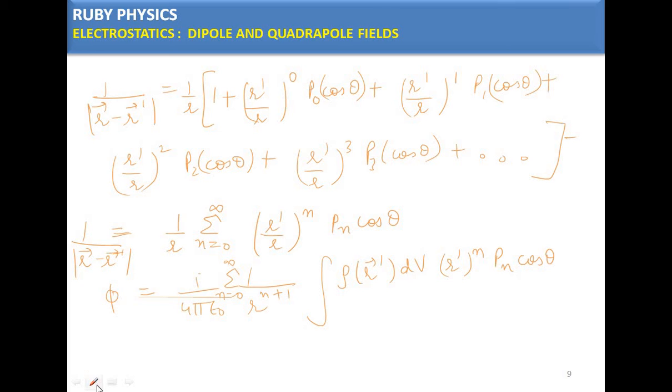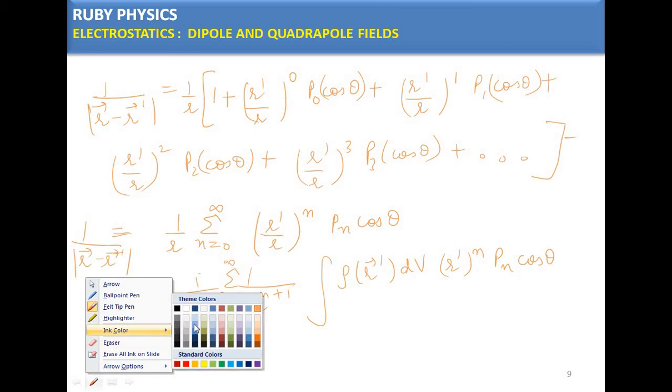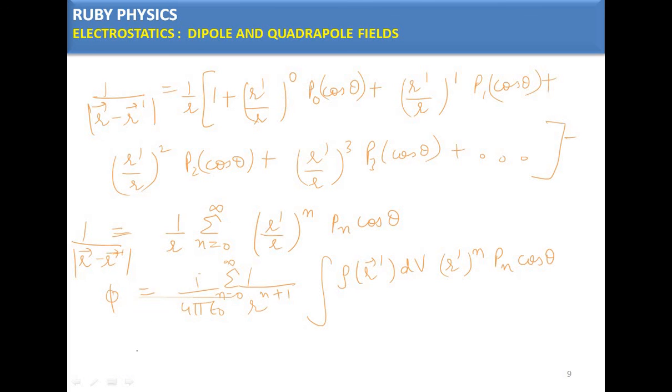Now you should know that in this case the potential phi is equal to phi 0 plus phi 1 plus phi 2 plus phi 3 and so on, where n equal to 0 gives phi naught, n equal to 1 gives phi 1, n equal to 2 gives phi 2, and so on.